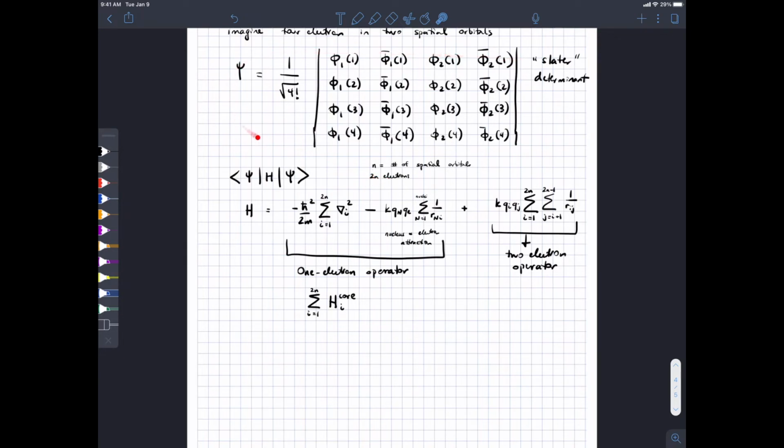We apply the operator to this determinant, and we're going to get 2n different equations, one for each wave function. So formulating the wave function as a Slater determinant is a way to take the overall wave function in the molecule and split it up into individual parts that we can deal with individually. And that's where the Hartree-Fock equation comes in.